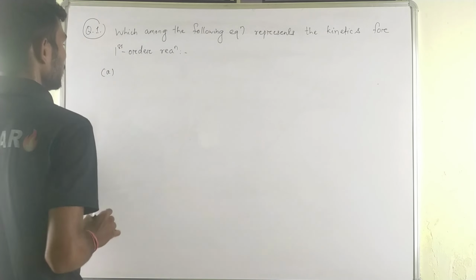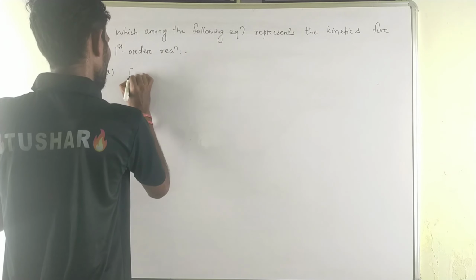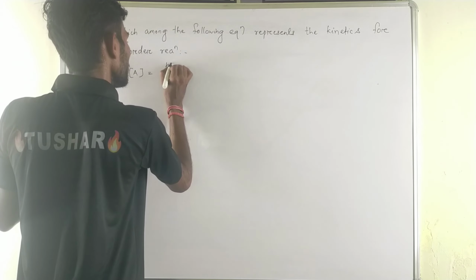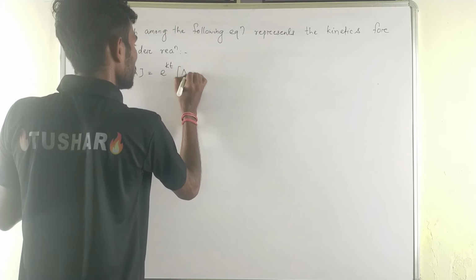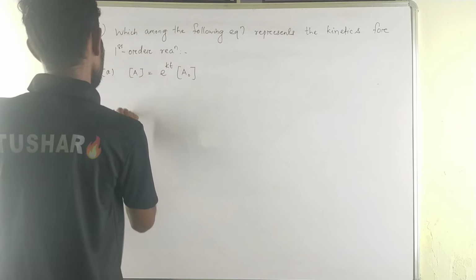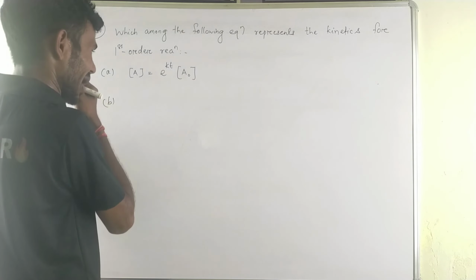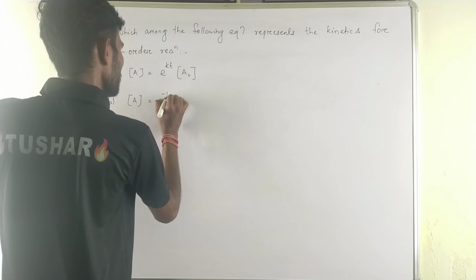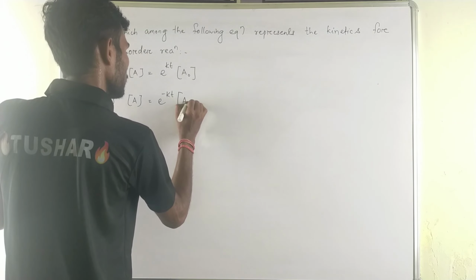Option A is A equal to e to the power kt a naught. B: A equal to e to the power minus kt into a naught.